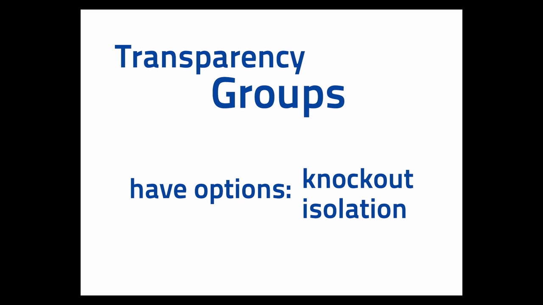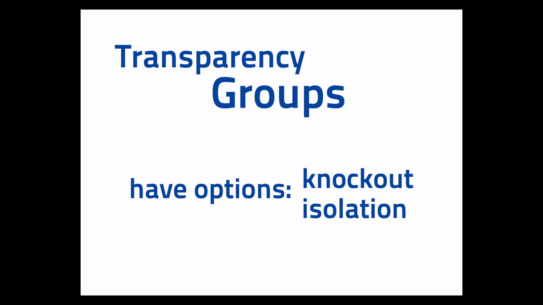Okay, that was the knockout parameter. There's a second one, isolation. Isolation is about how a group interacts with the outer group it is composited into. So what I've shown you in the example before was actually an isolated group.